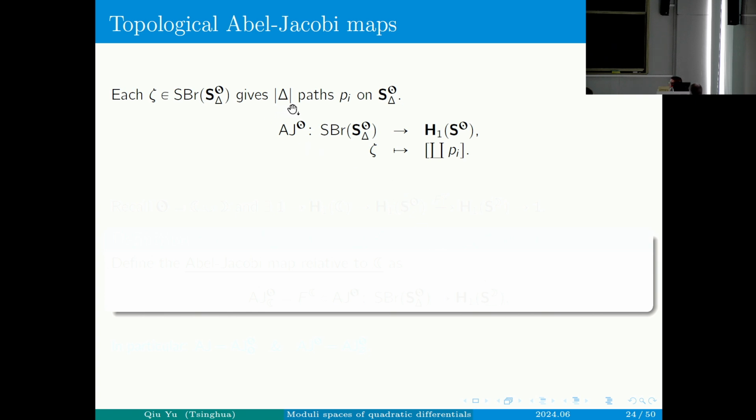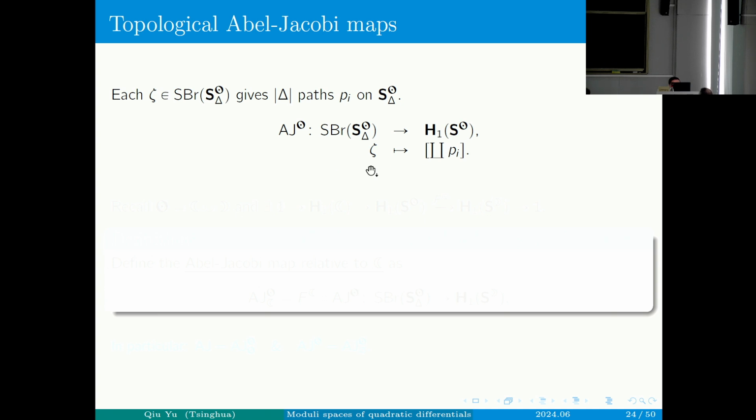If you take the paths of all of them and connect them, it will give you many loops on the surface. But then you need to forget about the decorations because they are moving around. So this will give you a map to H1. You cannot map to pi 1, but to H1 is fine. So that is the map.